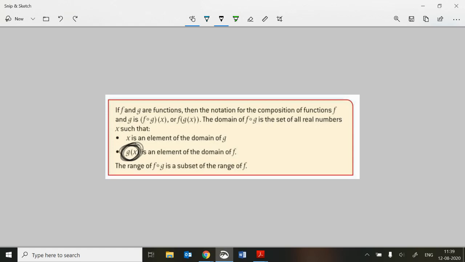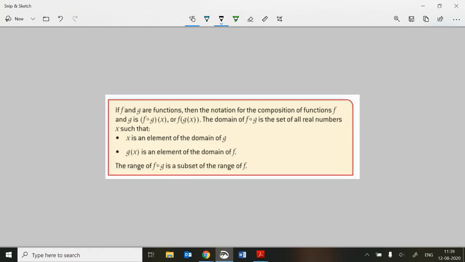What we're talking about is perhaps if we've restricted our domain to the range of g of x, then we end up restricting our range of f of x to simply a subset of the range of f, because we're restricting the domain to the answers from g of x. Right, okay.